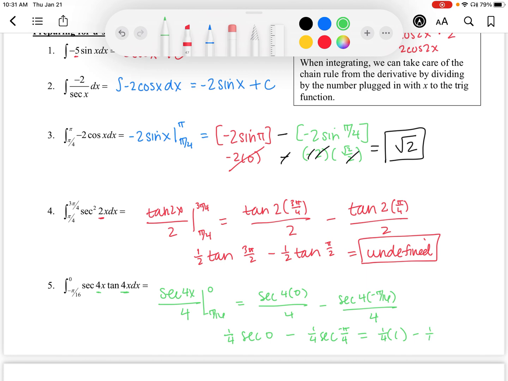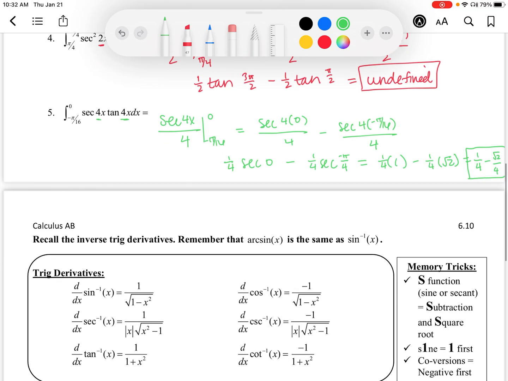So minus 1/4 square root of 2. So this simplifies down to 1/4 minus square root of 2 over 4. Got to remember all of that trig. Sometimes I forget it, but you have to remember it for the AP test.